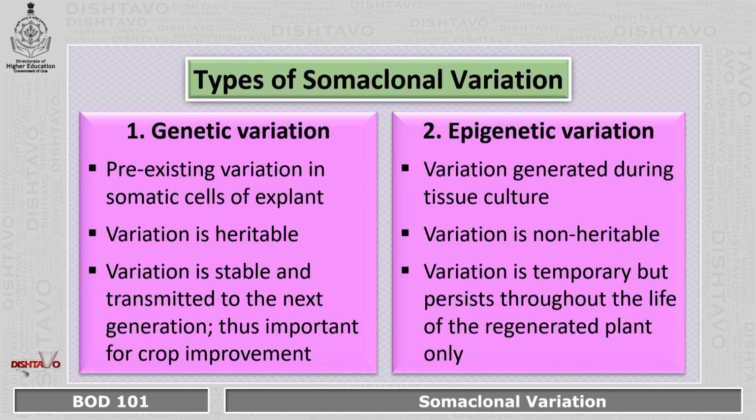Genetic variation is heritable, whereas epigenetic variation is non-heritable. Genetic variation is stable and is transmitted to the next generation, thus important for crop improvement, whereas epigenetic variation is temporary but persists throughout the life of the regenerated plant only.